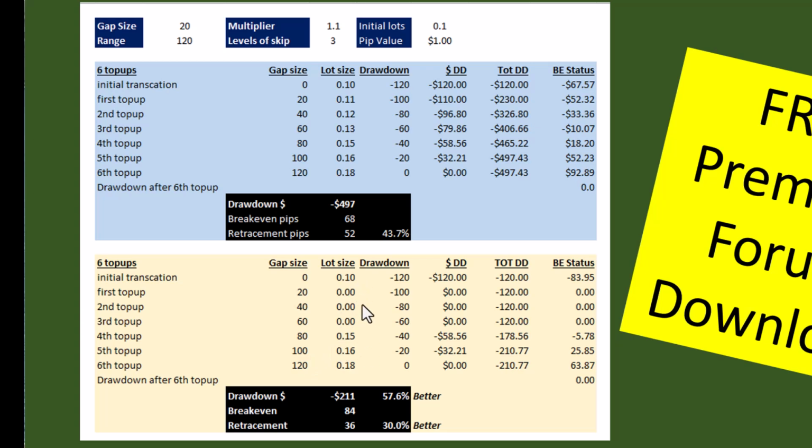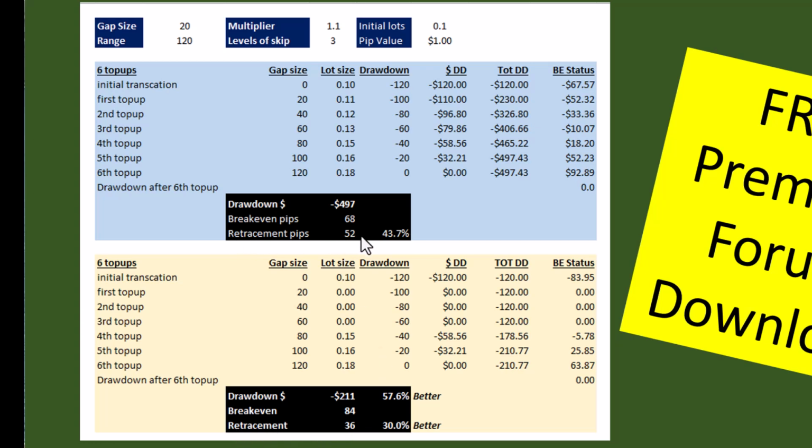So what does this skipping do? Firstly, it reduces the drawdown tremendously. Here's one, you can see 497, here it is down to 211, so it's a reduction of almost 60%, much better. So that's the first benefit of skipping. The second benefit of skipping is the retracement is so much smaller.